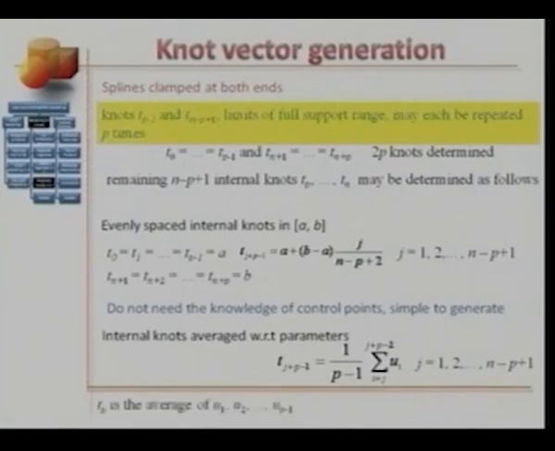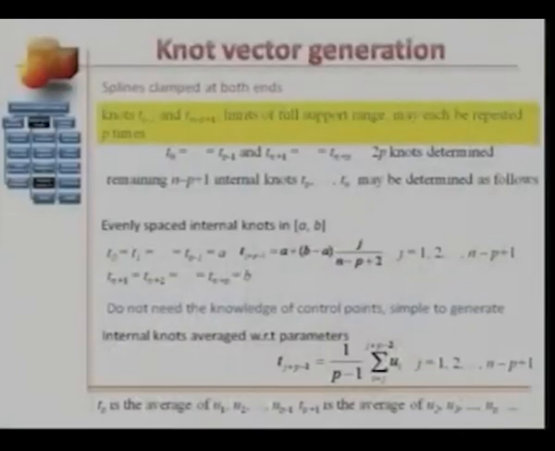So in summary, Tp is the average of u1, u2 up till u p minus 1. Tp plus 1 is the average of u2, u3 up till u p, and so on.